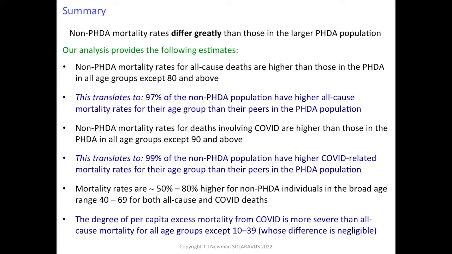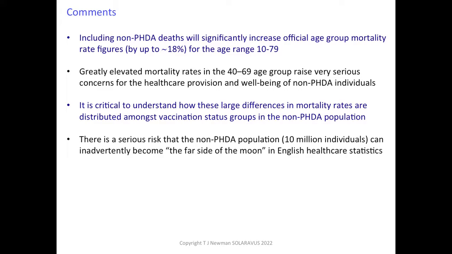So let me just make a few comments. It is pretty clear, because of the large differences, that if the deaths occurring in that 10 million non-PHDA population were to be included in official mortality rate figures, those figures would be shifted significantly. One can estimate that some of those figures would shift by almost 20%.